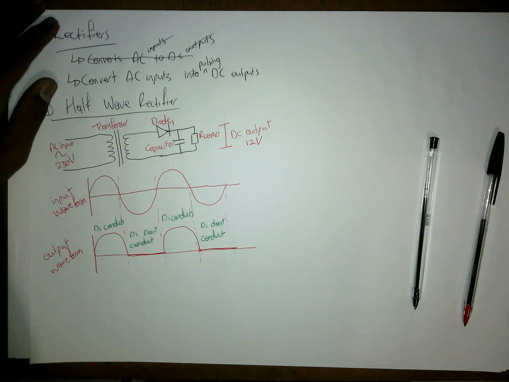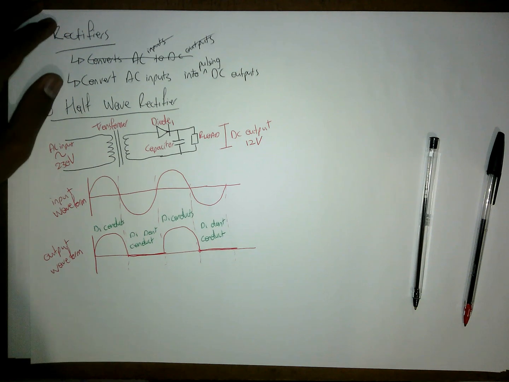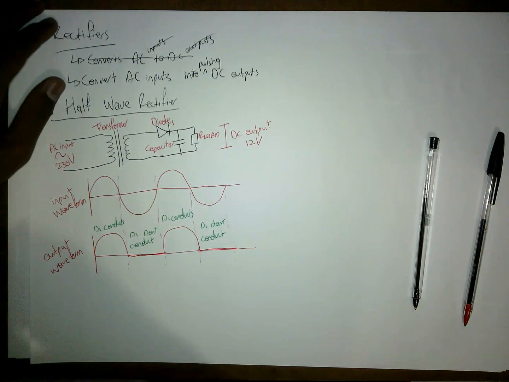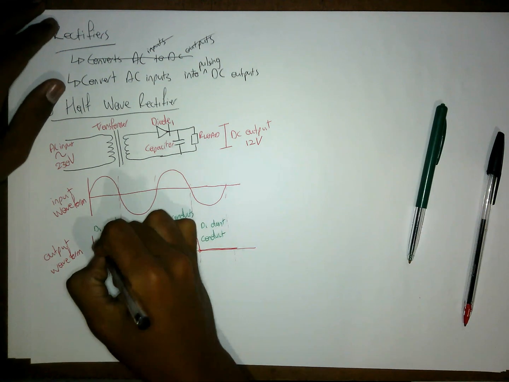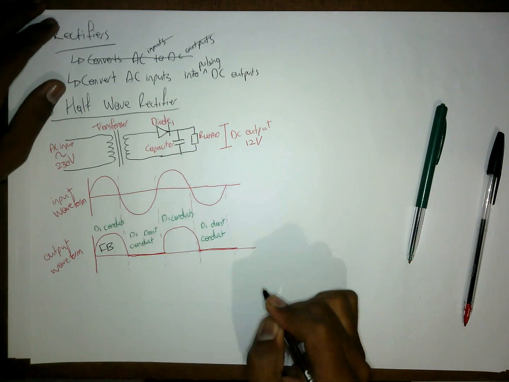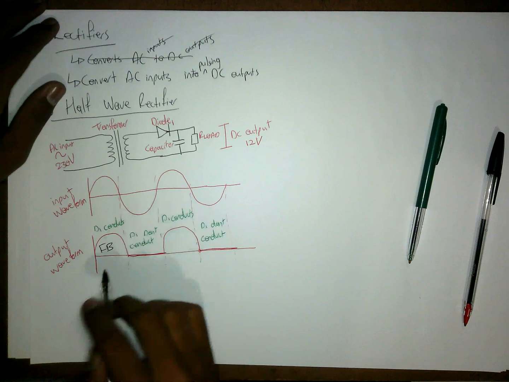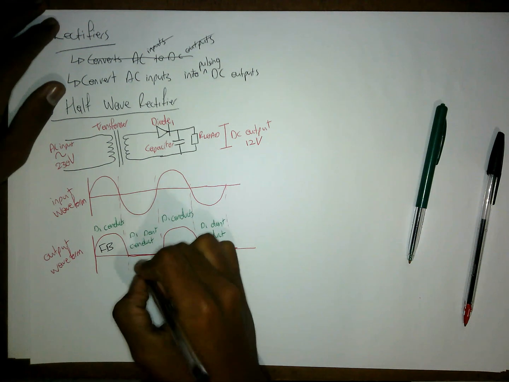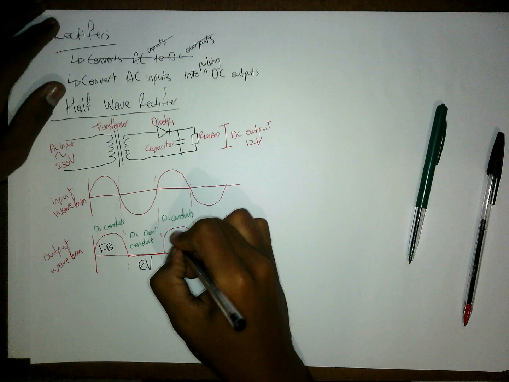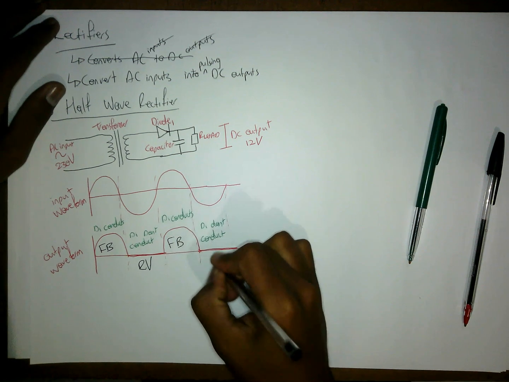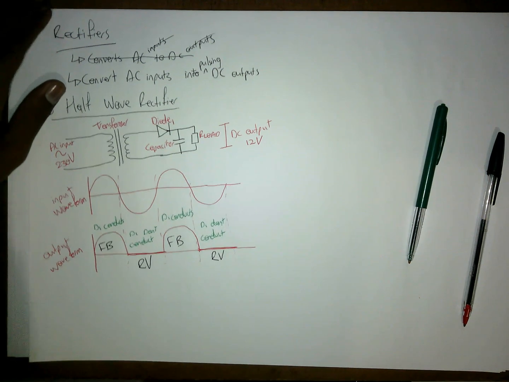Very straightforward, right? So we can say that this is forward biased. When it's forward biased in a positive cycle, it's reverse biased in a negative cycle.